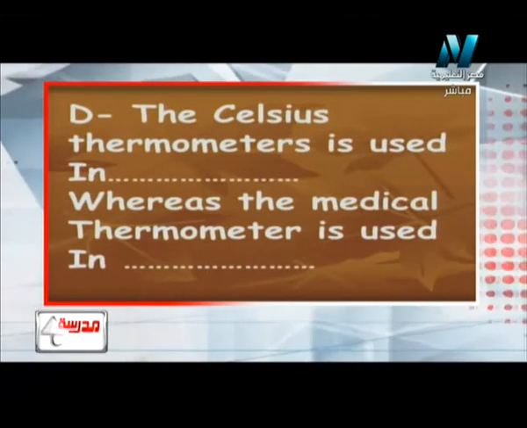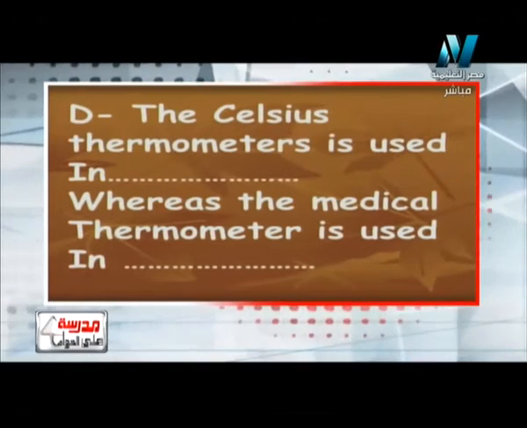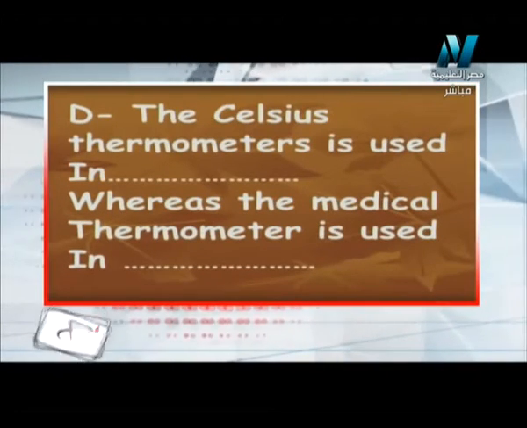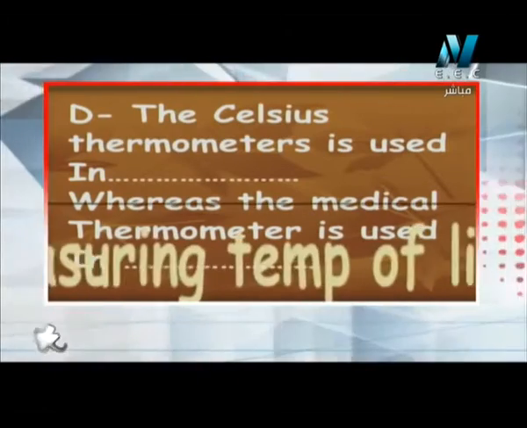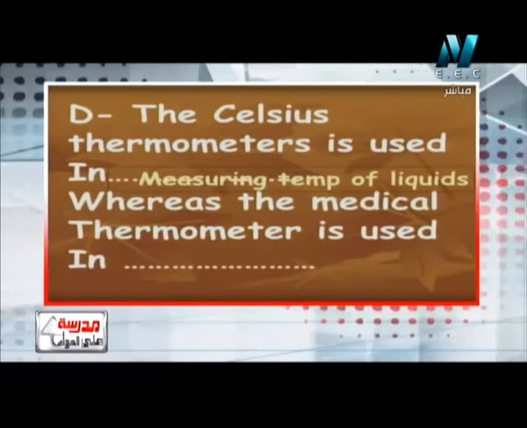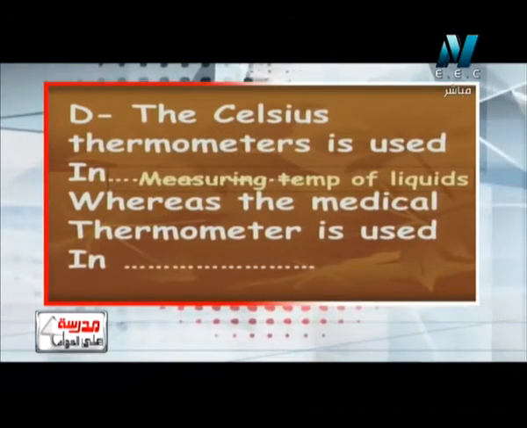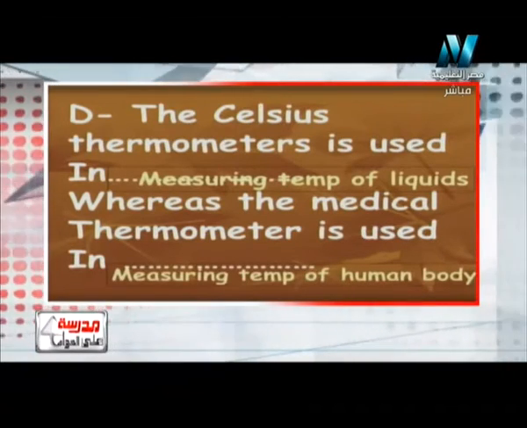Another question. The Celsius thermometer is used in point, whereas the medical thermometer is used in point. I think the Celsius thermometer is used in measuring the temperature of liquids. But what about the medical thermometer? I think it is used for measuring the temperature of the human body. And here, be careful. Don't write only measure liquid.